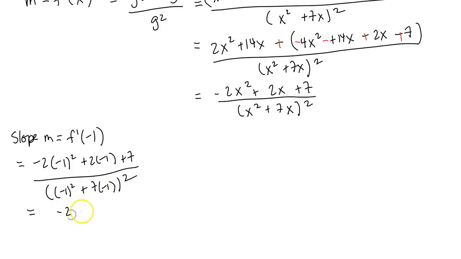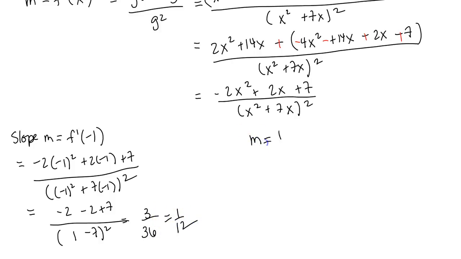So that gives me (negative 2 minus 2 plus 7) divided by (1 minus 7) squared, or 3 over negative 6 squared, which is 36, so 3 over 36, which is 1/12.